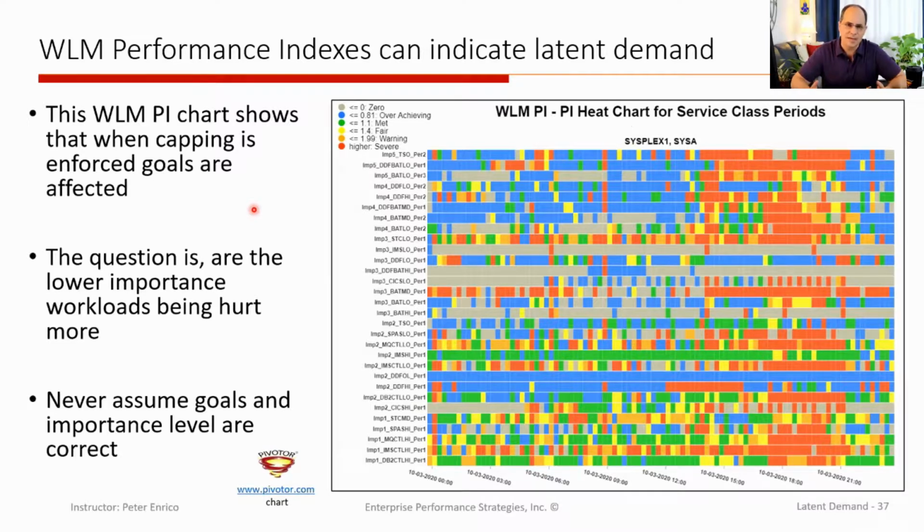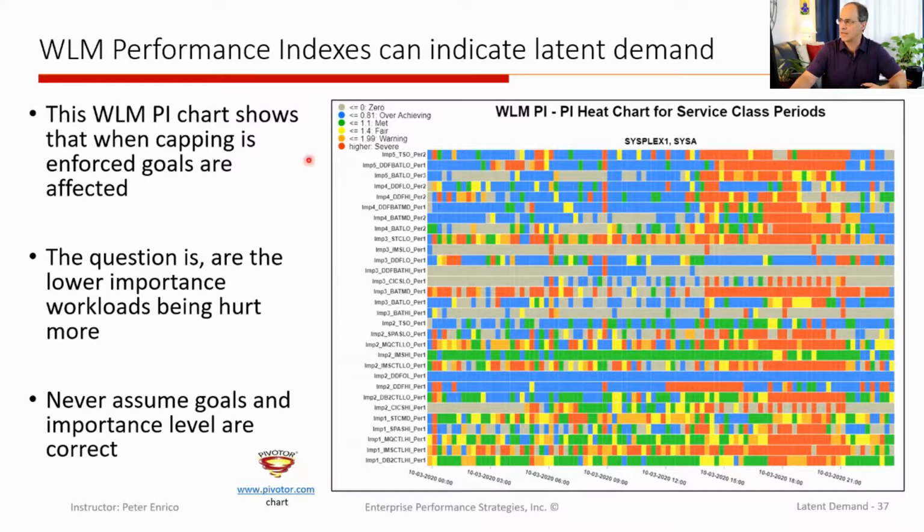Another indicator of latent demand is if you look at your performance indexes. Typically during latent demand periods of time, during capping or weight enforcement or whatever it is that's causing your latent demand, if you have more work that wants to run than is able to run, and your WLM goals are well tuned, then what you typically see is the work suffering due to the fact that we are not giving the workloads as much CPU as they want.